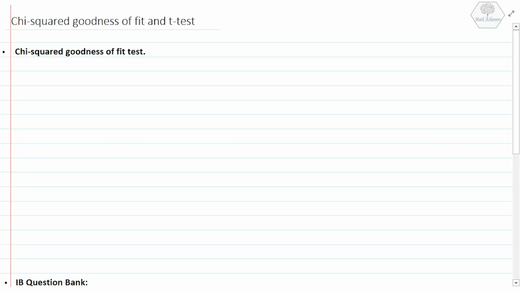Hi, our lesson now is about chi-squared goodness of fit test and the t-test. Let's start with the chi-squared goodness of fit test.